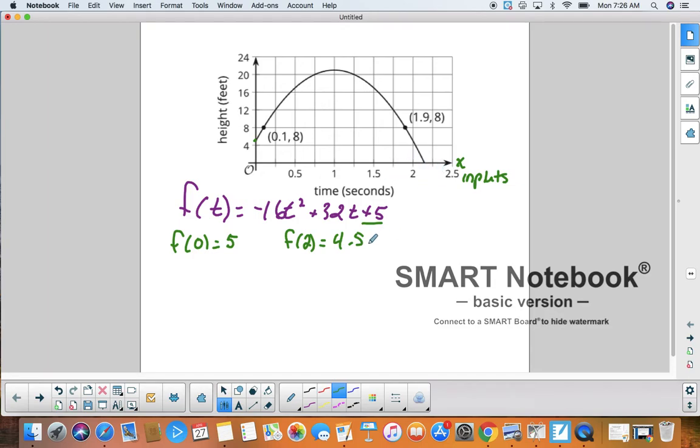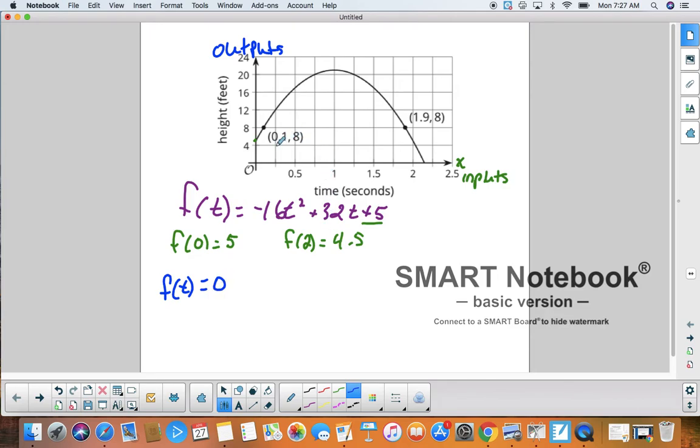Let's talk about outputs. So the output is your y value. So all of these values are outputs. And if I said to you, I want to know when is this ball 0 feet off the ground? So I don't want to find height anymore. I want to know at what time is the height 0, meaning when is the ball on the ground?